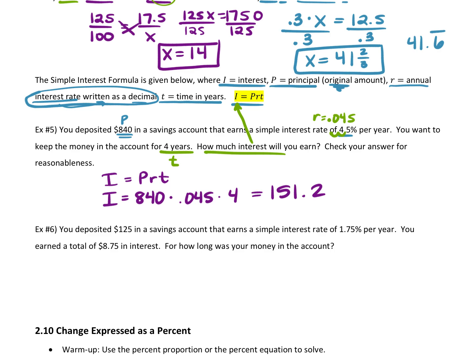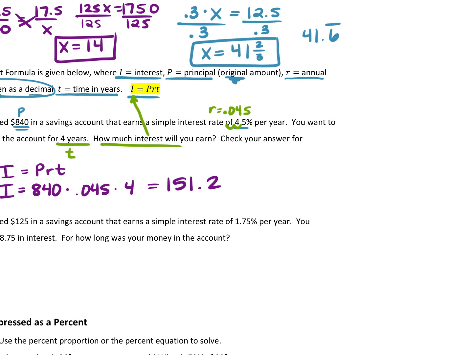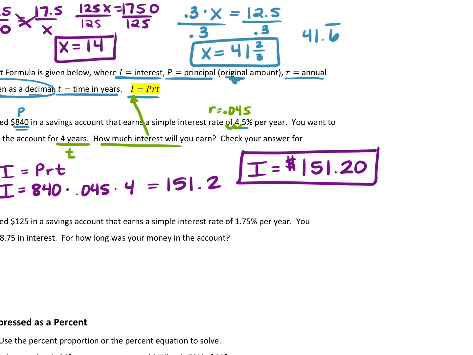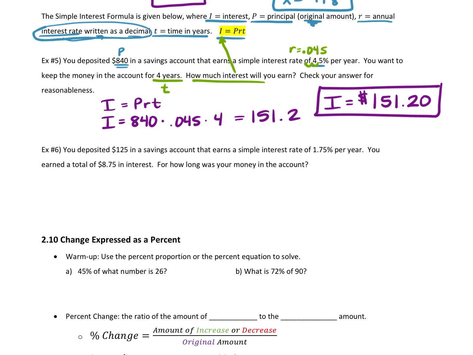Tell your neighbor. Hopefully you turned that into dollars and cents, right? We're talking money, interest, so it should have been $151.20. Okay, even though there was no zero in your calculator, that's 20 cents. Okay. All right, last one.